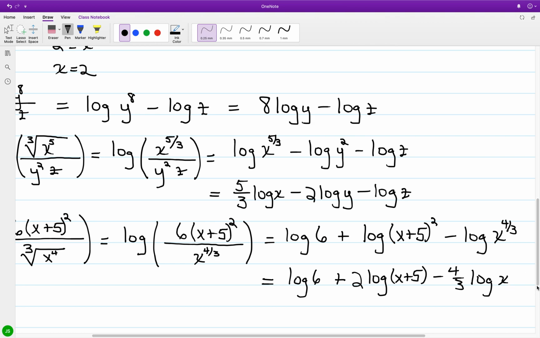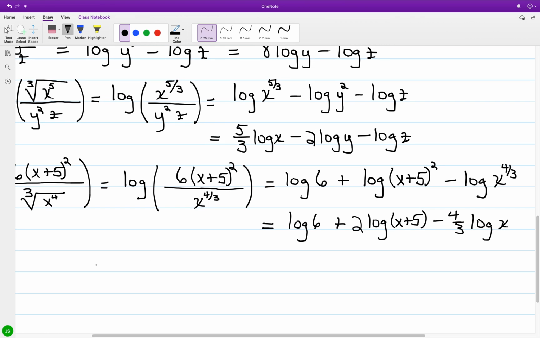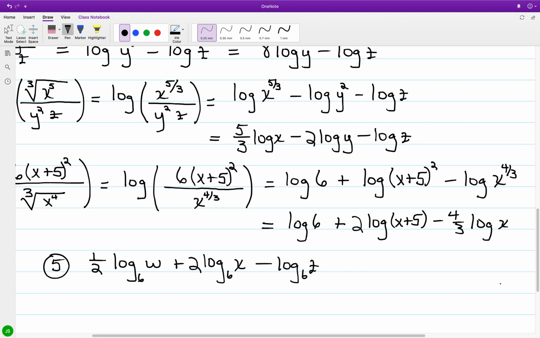Now, for what we have in the case of number 5, as well as number 6, for number 5, we were looking at condensing as a single logarithmic term. So we have 1/2 times the base 6 logarithm of w, plus 2 times the base 6 logarithm of x, and minus the base 6 logarithm of z.